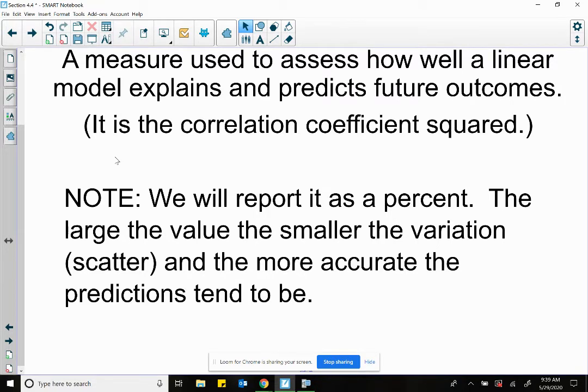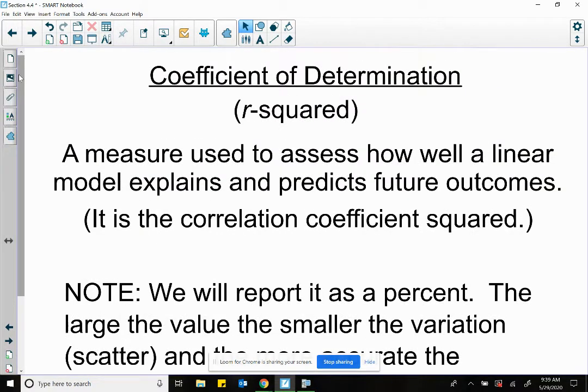Another way to think about this is that a larger percentage means our linear model fits the data pretty well. The smaller the percentage, the more our linear model does just an okay job and predicts an okay future. That is generally what the coefficient of determination is telling us.